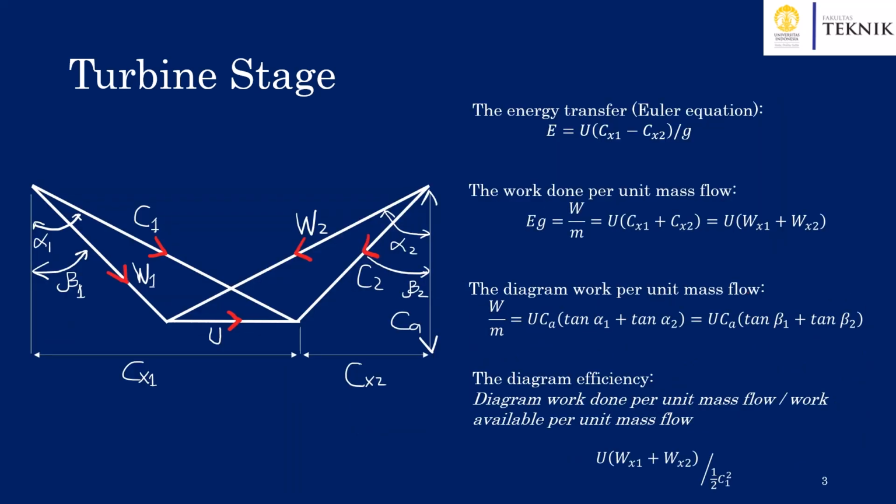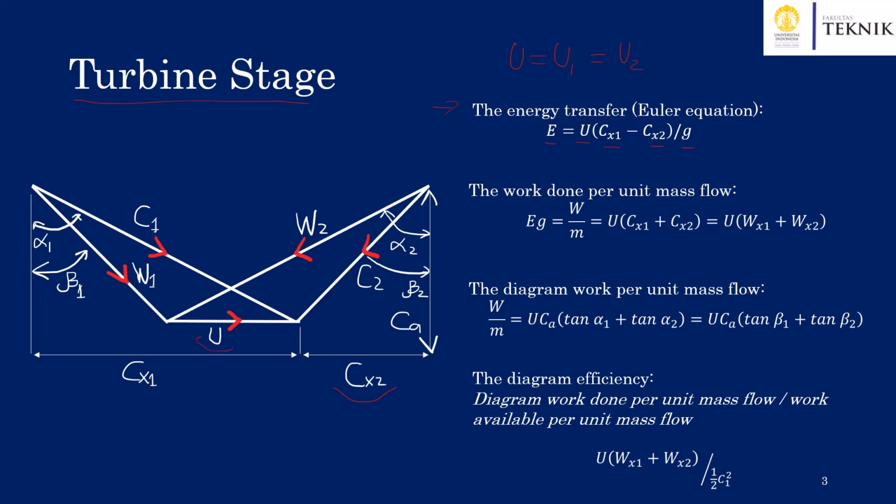To further analyze the turbine stage, we need to look at the energy transfer equation, where E is equal to the blade speed, as we know that U is constant throughout the rotor and stator, multiplied by Cx1 minus Cx2, divided by gravity. And we also have to acknowledge that Cx2 is in the negative x direction to that of the blade speed.